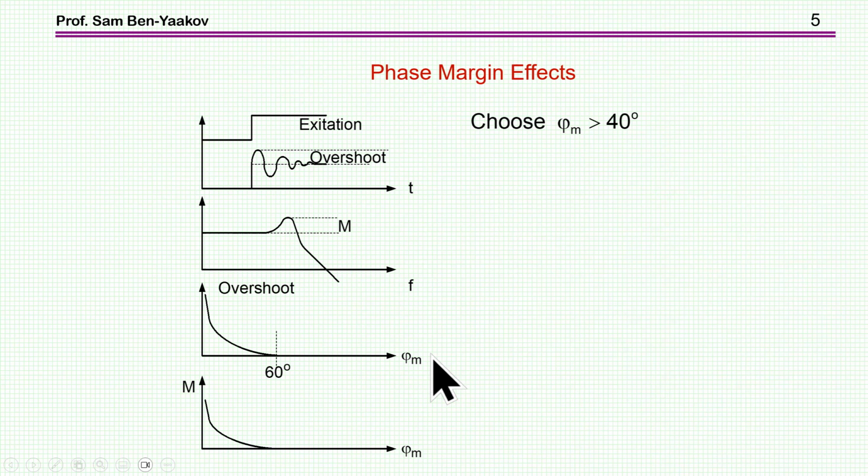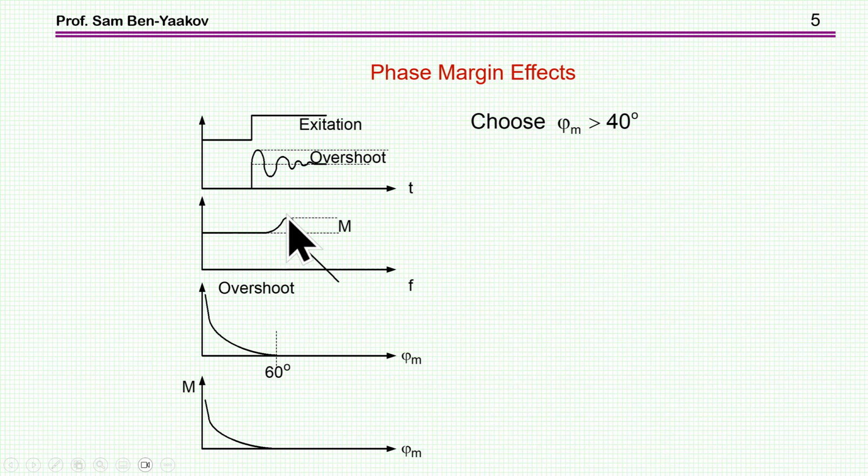And we know that the phase margin is affecting the dynamic behavior of the system. For a step, we're going to have an overshoot, which is a function of the phase margin. That is, the overshoot becomes larger and larger as the phase margin is becoming smaller.